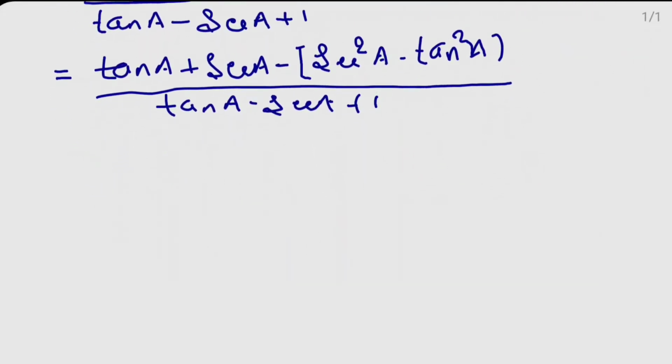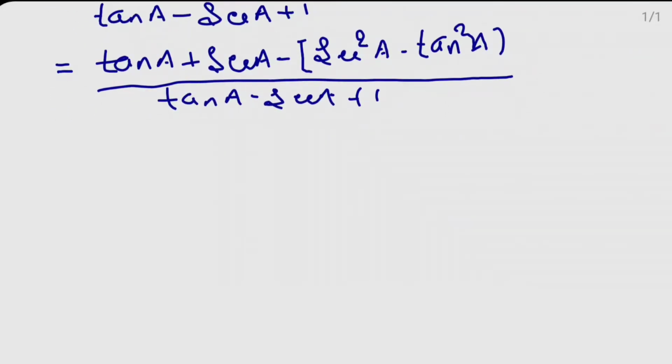And now here tan a plus sec a as it is, minus, in a bracket, look here, is sec square a minus tan square a. It is in the form of a square minus b square, and we know that the expanded form of a square minus b square is a plus b into a minus b.